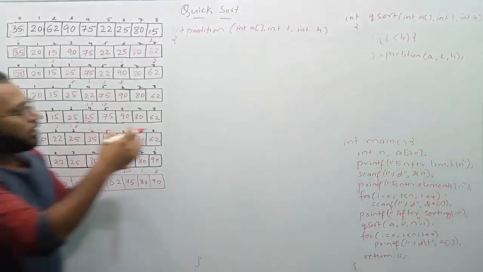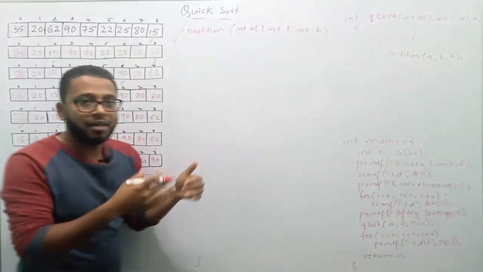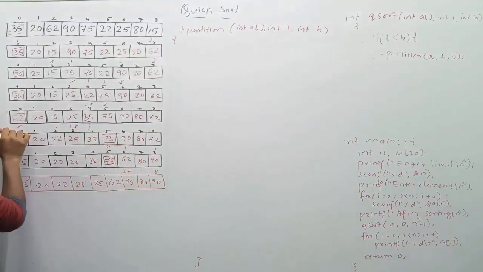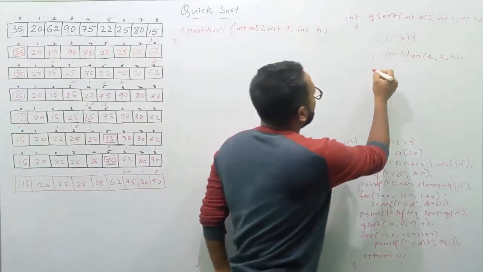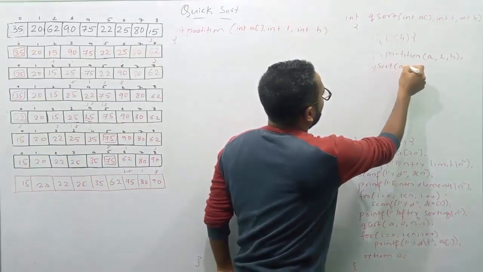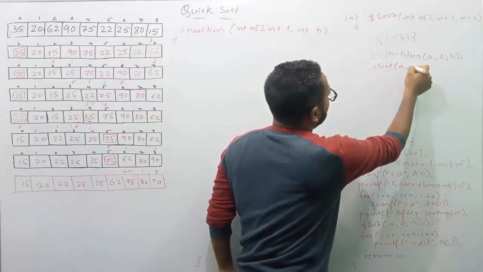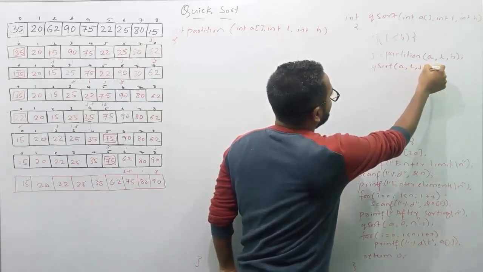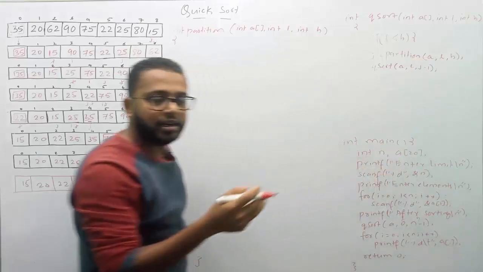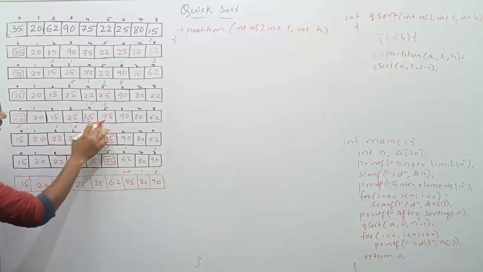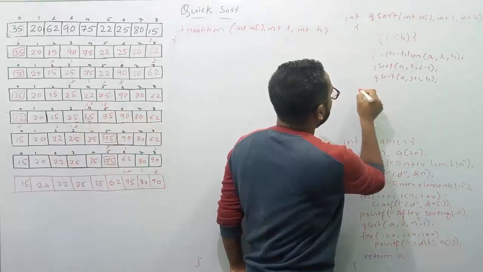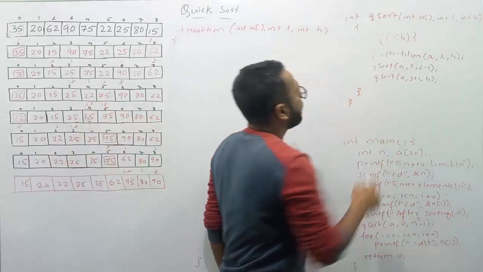Next I will be performing the same quicksort from low, that is 0, to j-1. Quicksort on array from low to j-1, and again I am making a recursive call to the quicksort function from j+1 to high, and close the brackets.